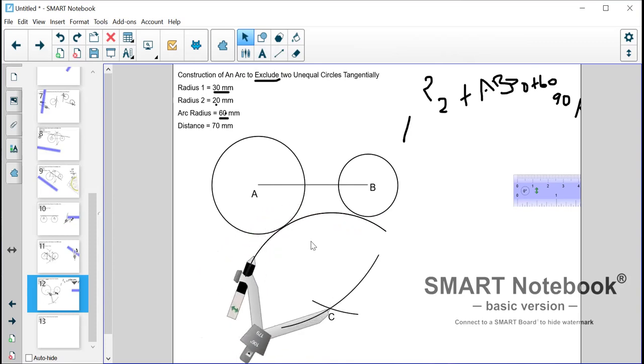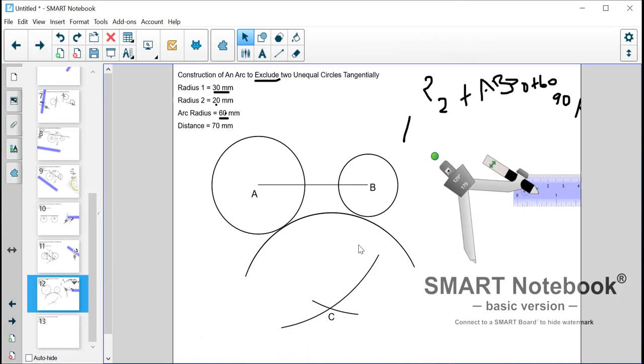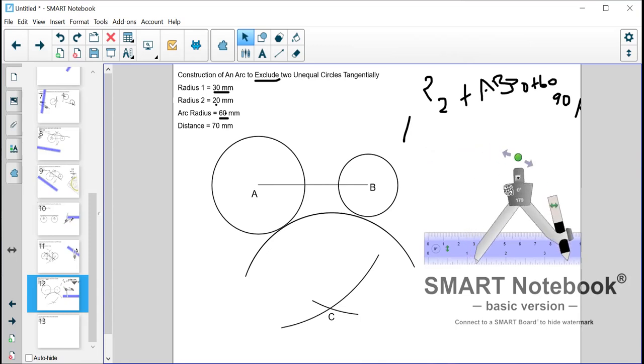That is because I probably made a slight error in my measurement when I was taking the measurements for drawing the circles and scribing the arcs. So you need to ensure that you take the correct measurement, because if you don't, your arc would not touch, or it might cut the circle. So you need to be careful.